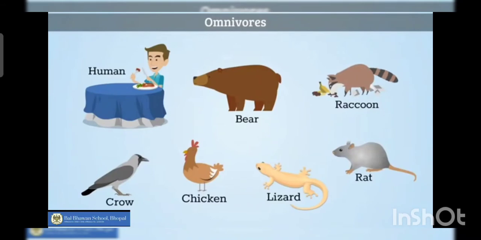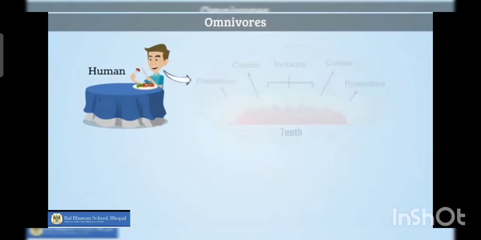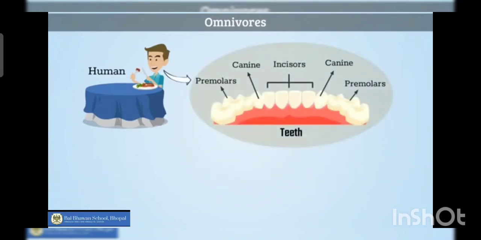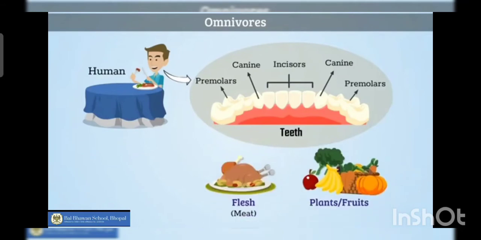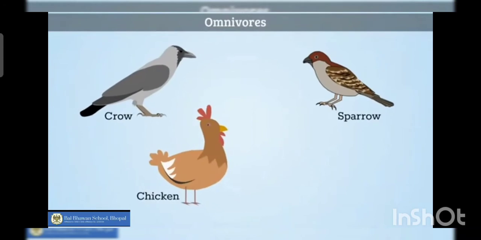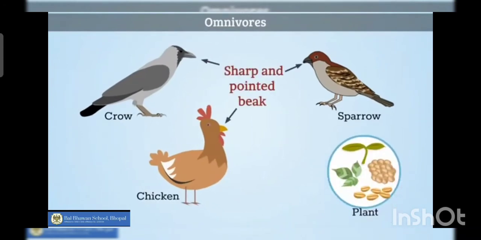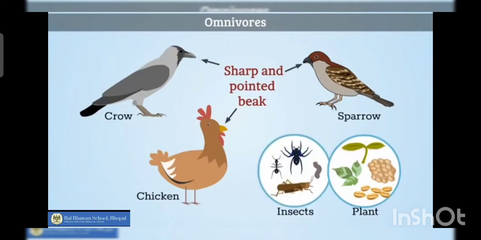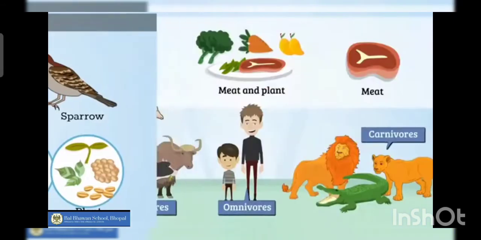So such animals are called omnivores, and omnivores can eat both types of food. There are omnivorous birds also, which have a sharp and pointed beak to eat insects.